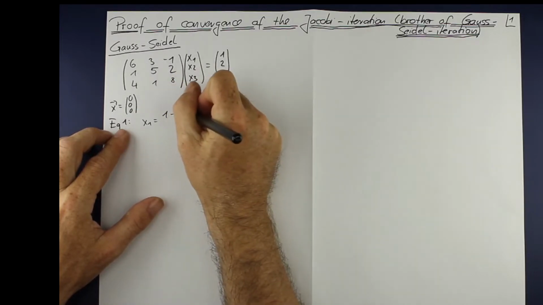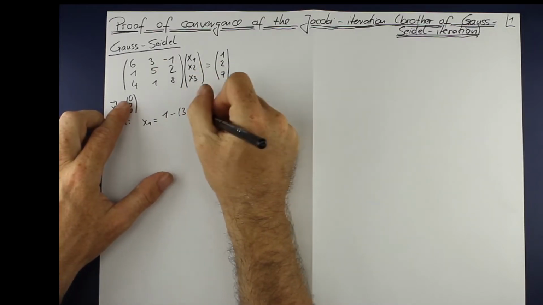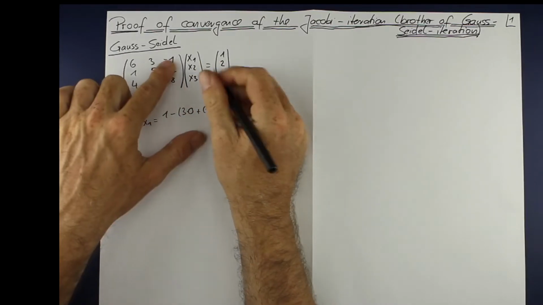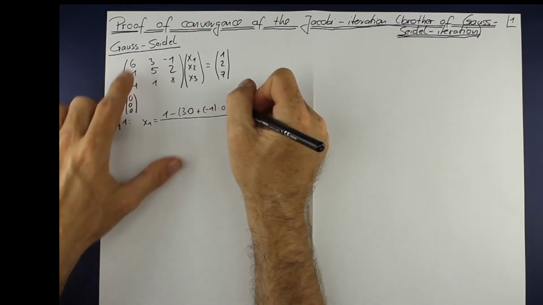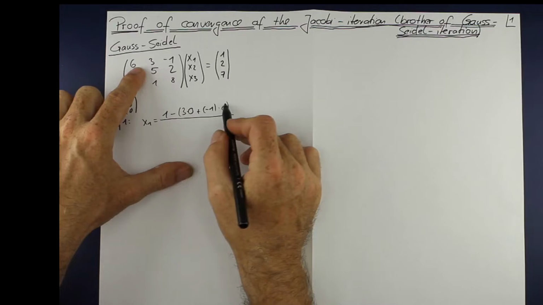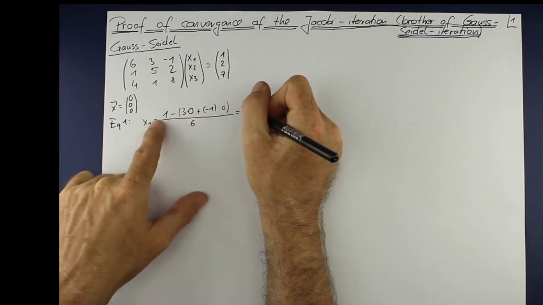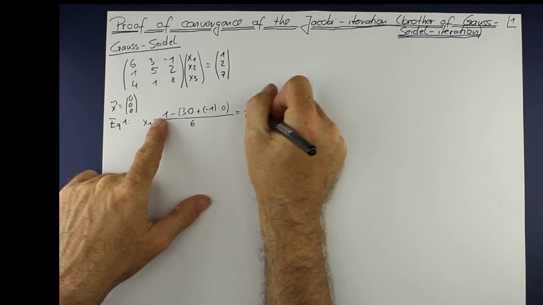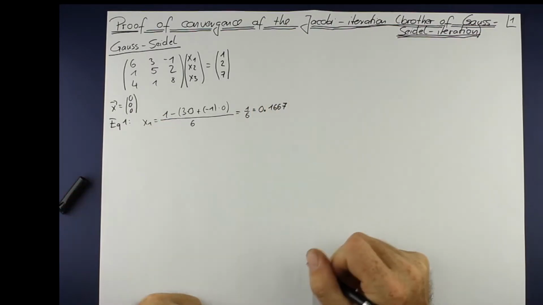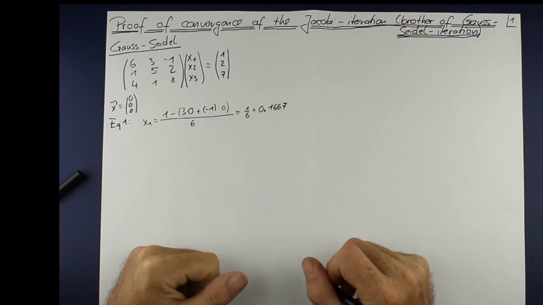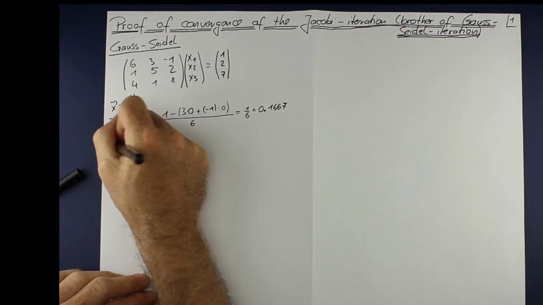So we bring 3 times x2, x2 here is 0, and we bring minus 1 times x3, and this is also 0, and then we have 6x1 is equal to that, and for x1 we have to divide by 6. In this case this is 1 divided by 6, and as a decimal number we get this number. This was equation 1, and then we update here the first coordinate.